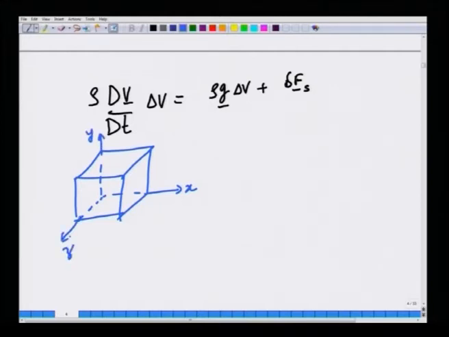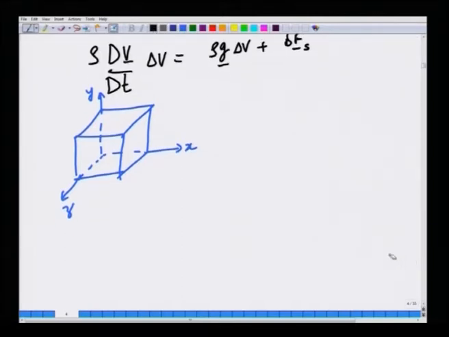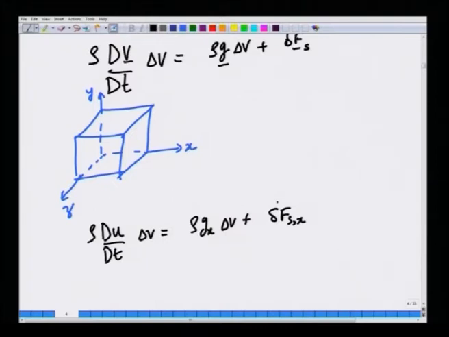So, we first wrote down the x momentum balance. How do we do that? We did that by taking the x component of this equation: rho g x delta v plus all the surface forces acting along the x direction on this control volume.